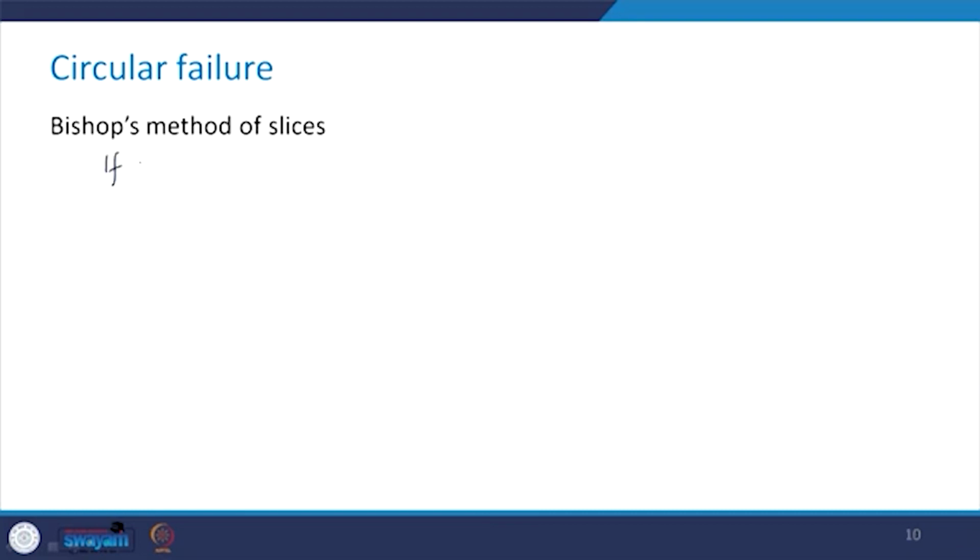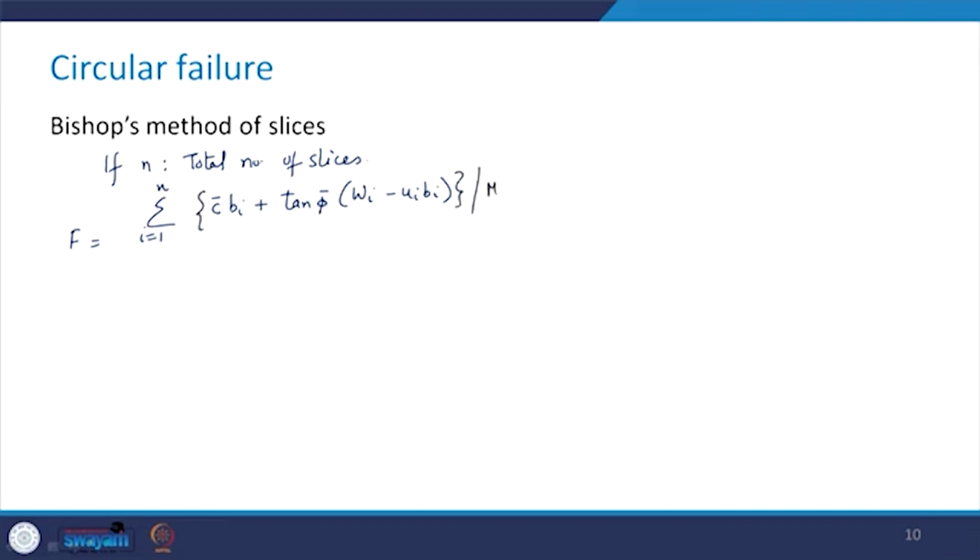If n be the total number of slices, then this F will become equal to summation i equal to 1 to n of C bar Bi plus tan phi bar (Wi minus Ui Bi), this whole expression divided by m alpha i, and whole thing divided by summation i equal to 1 to n Wi sin alpha i.